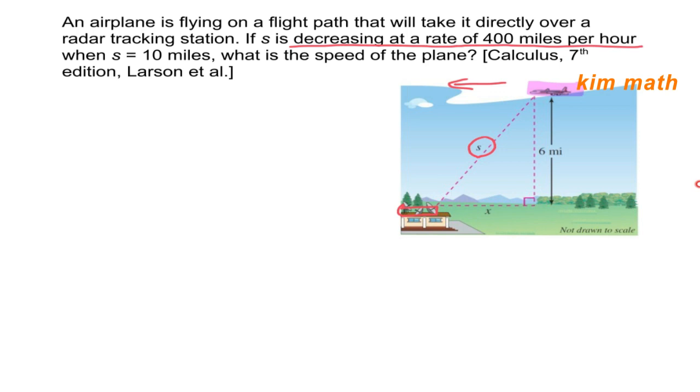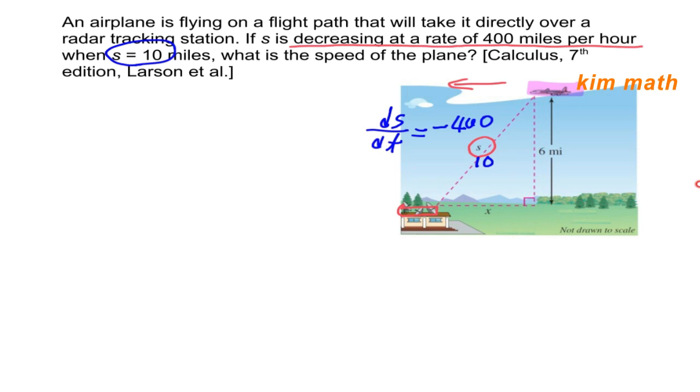So can you express this 400 miles per hour in mathematical symbols? That's a key point, right? So here dS/dt is decreasing, so minus 400 miles per hour. Good. And the question asks us, when S is 10, what is the speed of the plane?